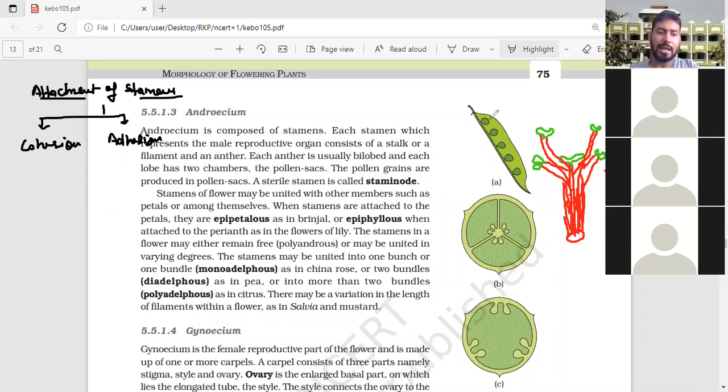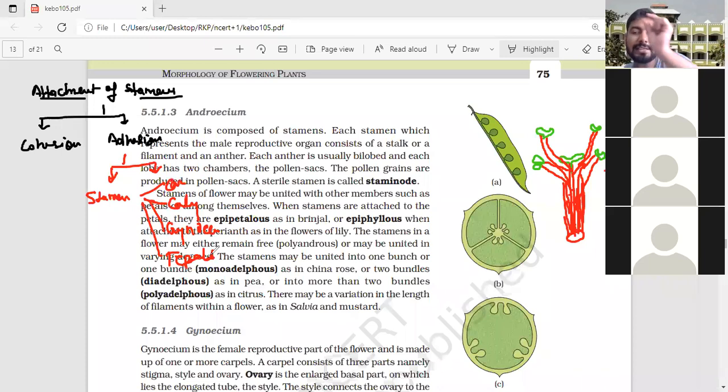And there is adhesion. In the case of adhesion, two things are involved. The stamen gets attached with either the carpel, the calyx, the gynoecium, or the tepals. Listen to what I am saying. Why do we say adhesion?